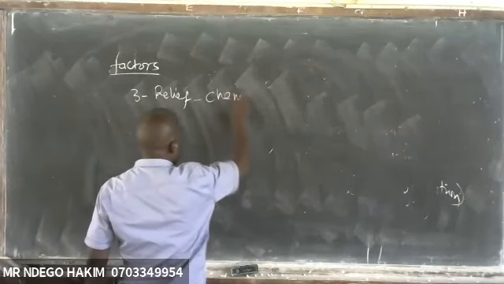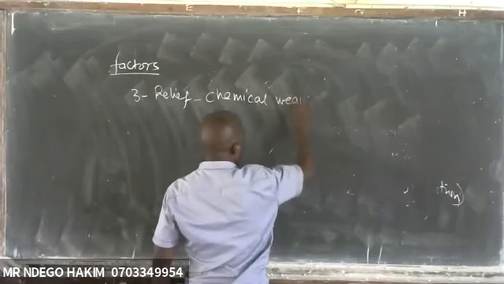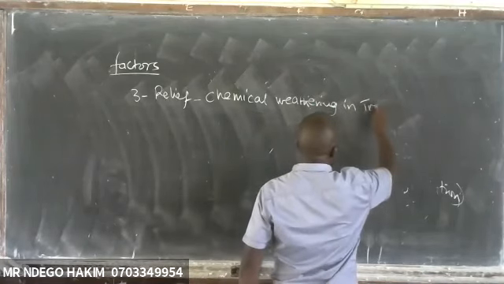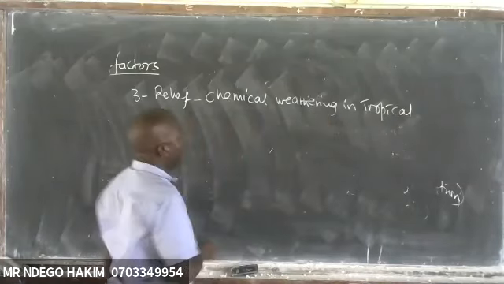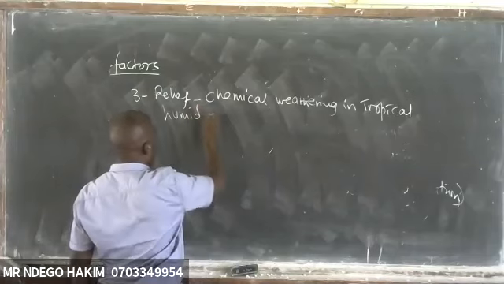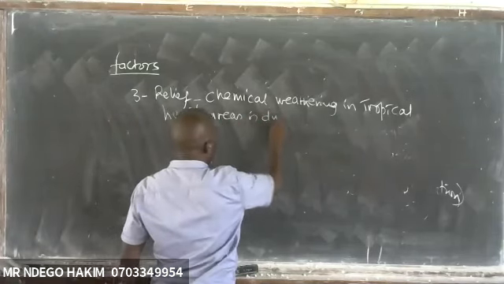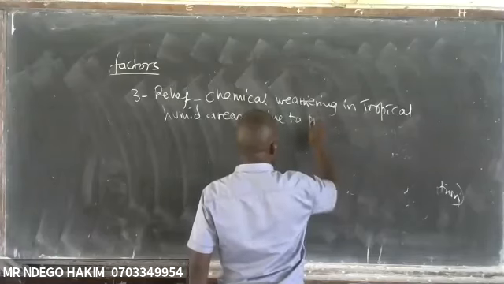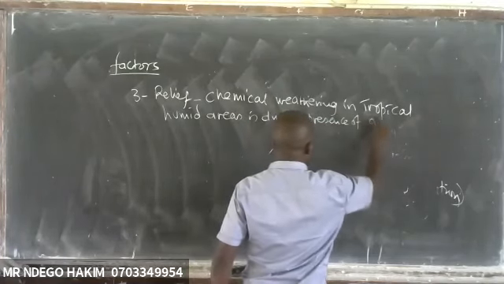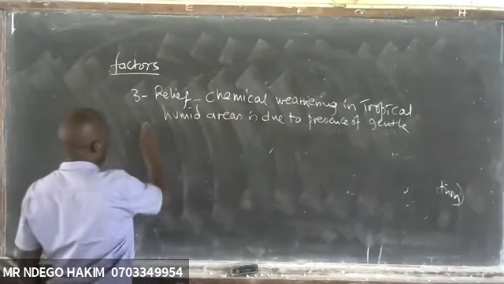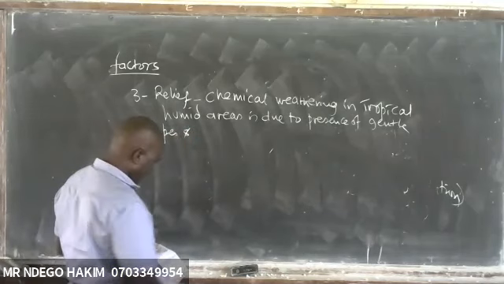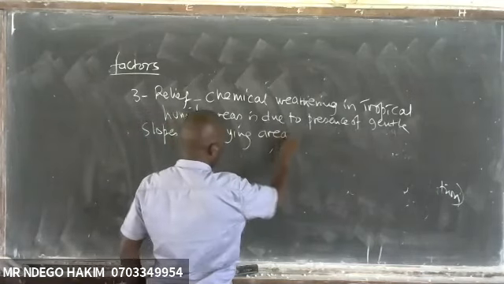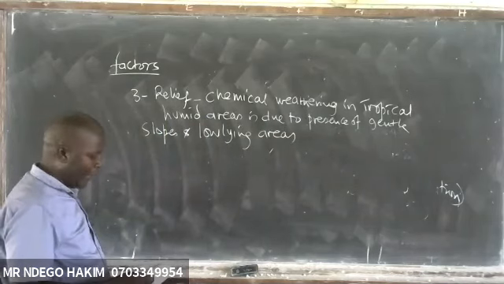Chemical weathering in tropical humid areas is due to the presence of gentle slopes and low-lying areas.